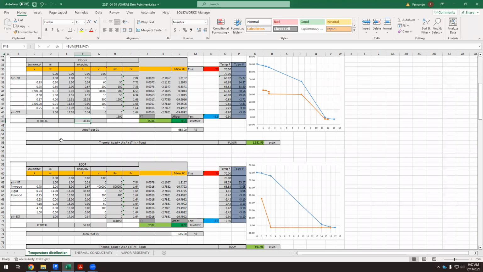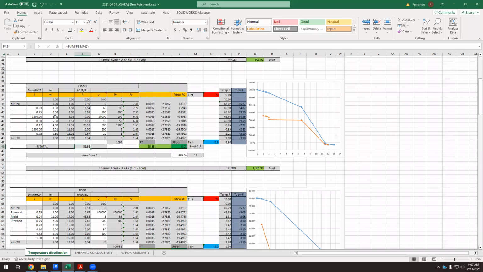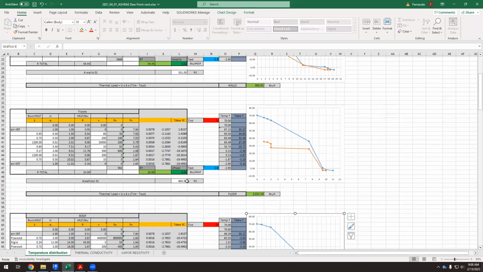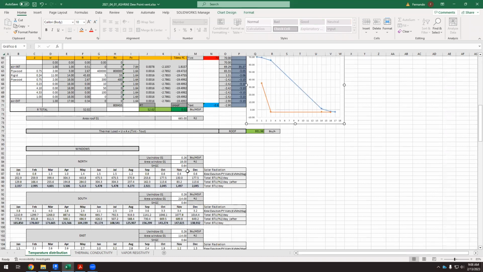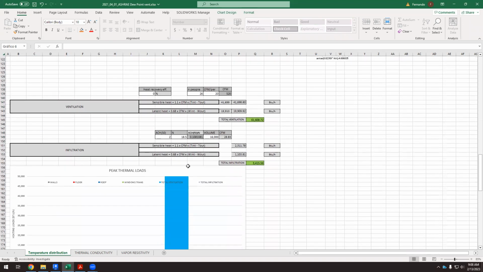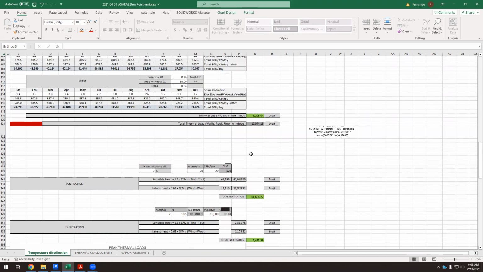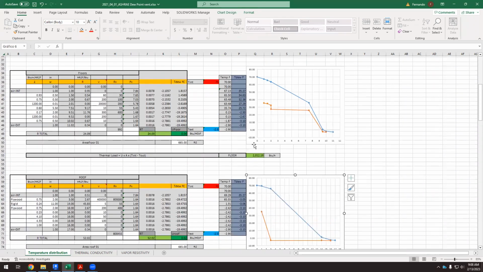Okay, so for the floor, I'm going to remove some of the thermal insulation here. Probably this one. Okay, so now it's 20. So now the numbers are similar in R value and area. And then we have this. Okay, so we have these values.